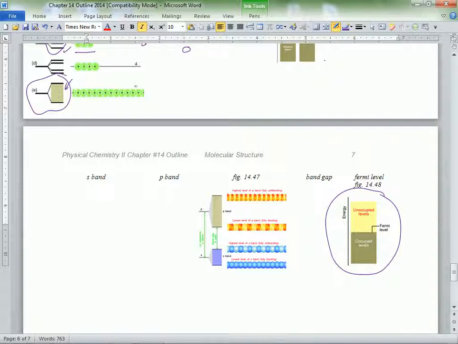They call it S band because each atom donated an s orbital. To generate a P band, each atom donated a p atomic orbital. So you get a P band and S band. But the point is that there's some energy difference between the two, a band gap.